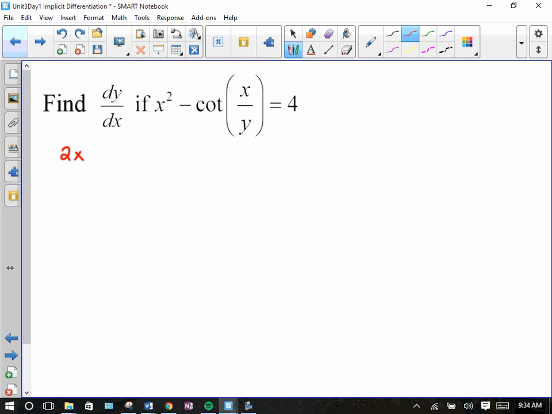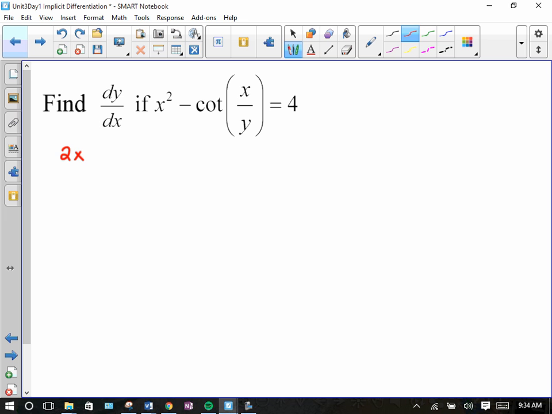So first let's think about what rules this has. Not product. Quotient rule and then chain. So it's the quotient rule inside the chain rule. So how do you find the derivative of that? Well, with chain rule you start with the outside and you work your way in, right? So we just find the derivative of this cotangent piece first.